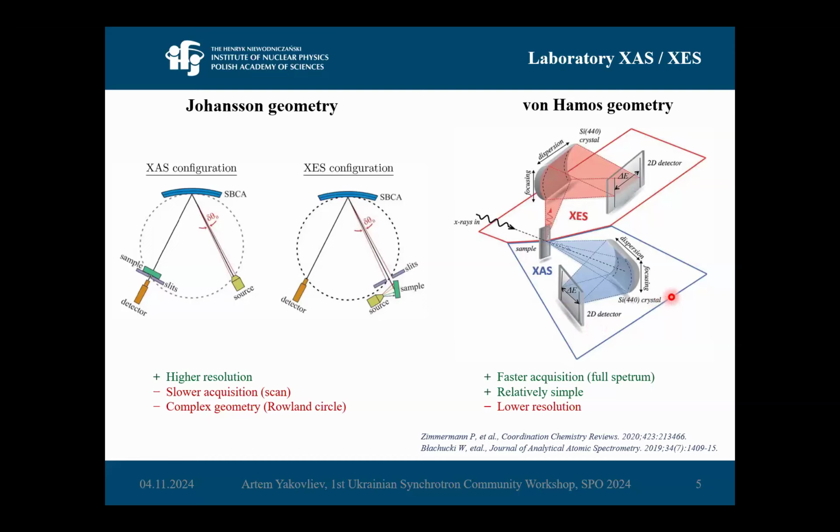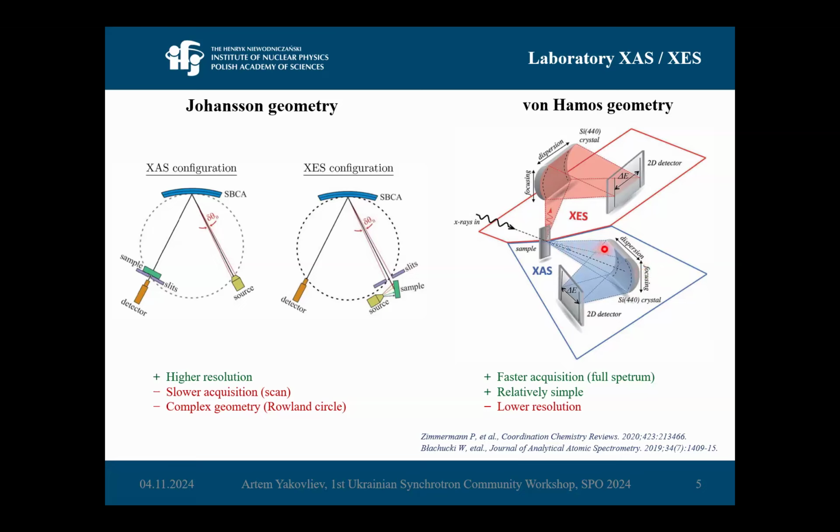And your crystal works in such a way that in one direction, in this direction, you get a dispersion. So different energies fall on different parts of the detector. And in the vertical direction here, you get the focusing. So you focus all your X-rays on the detector, thus increasing the number of counts which you get.